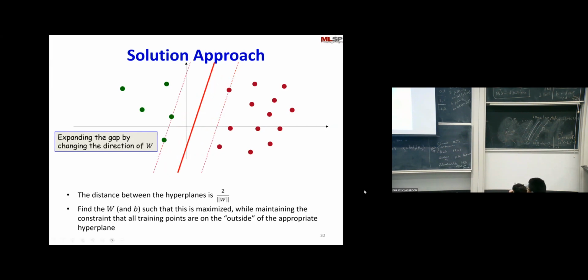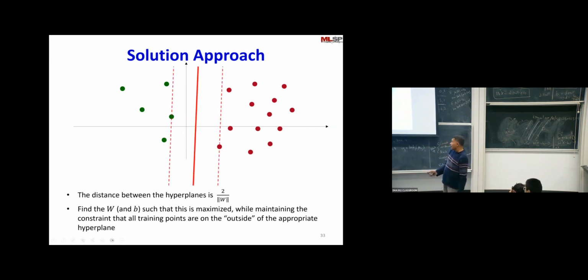Here's what I will be doing: I'm going to be moving my plane and the boundaries on either side and adjusting them till I find a boundary such that the boundary planes are as far away as possible and touching points on either side, right? And this would be my solution.